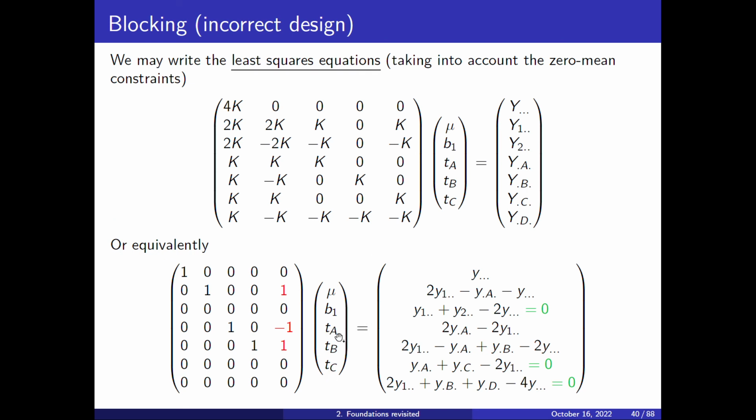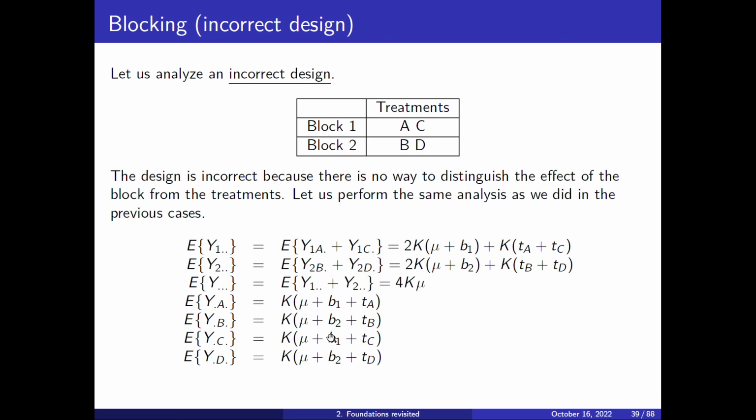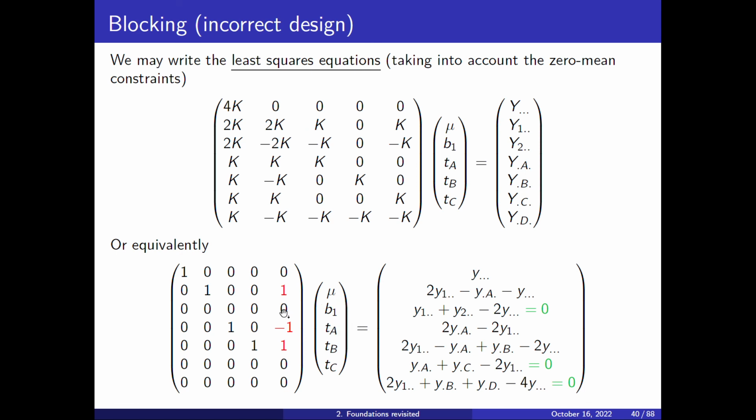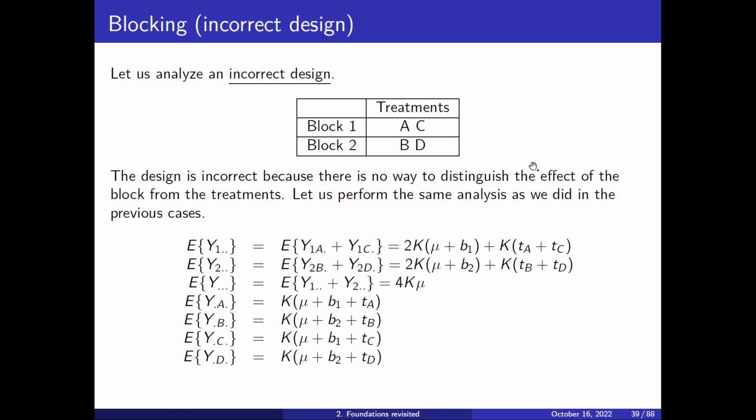So we have to sacrifice something, and what you have to sacrifice here is estimating the block. So if you don't estimate the block, now you have 4 equations with 4 unknowns. But the problem is that you are confounding the blocks with the treatment. So if block 1 has an effect, it is confounded with treatments A and C, and the same for block 2. So this is an incorrect design from the very beginning.